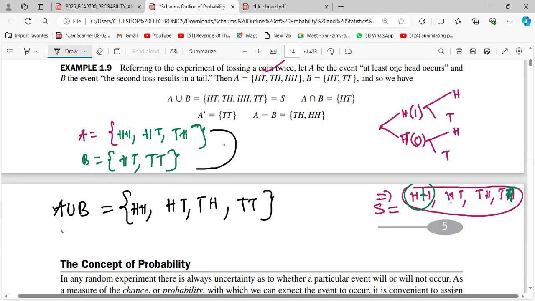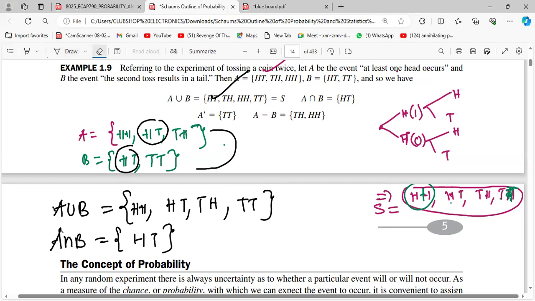It doesn't matter the order. That is A union B. But if you want A intersection B, what do we have? We have HT. What else do we have? Nothing. This is what we have.